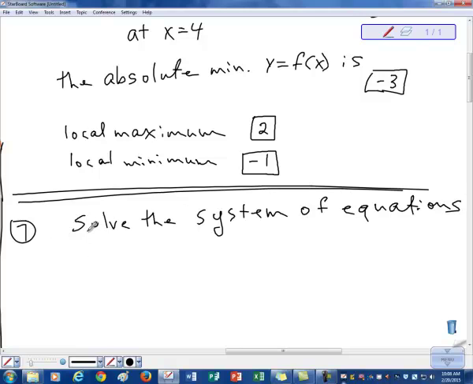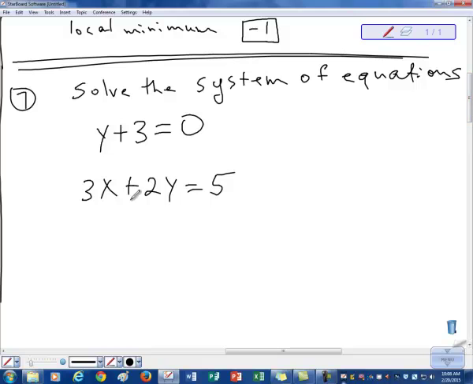And let's say that we have here y plus 3 equals 0, and we've got 3x plus 2y equals 5. Alright, well what you want to do here is, if I were to subtract 3 from both sides, I could get y equals -3, and then substitute that in.